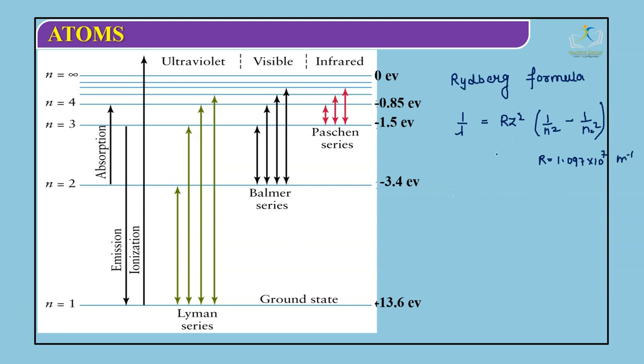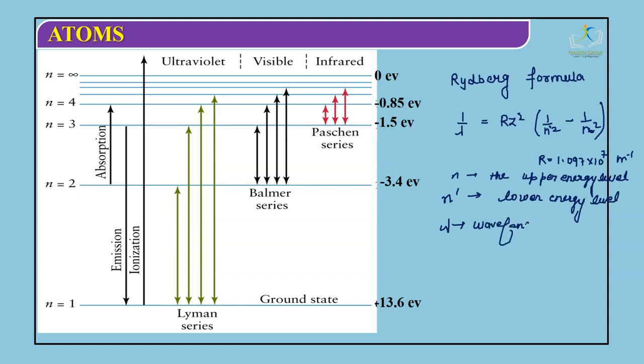Z is the atomic number. n is the upper energy level, whereas n prime is the lower energy level. Lambda is the wavelength of light.